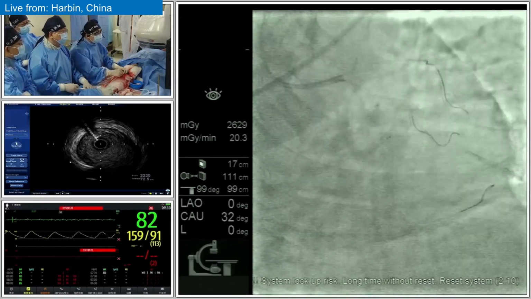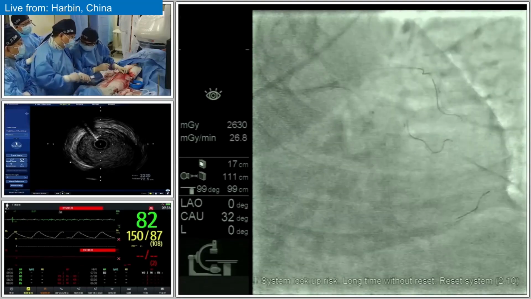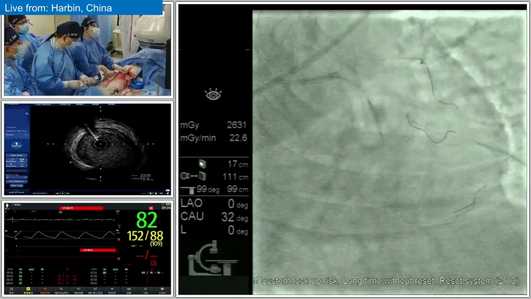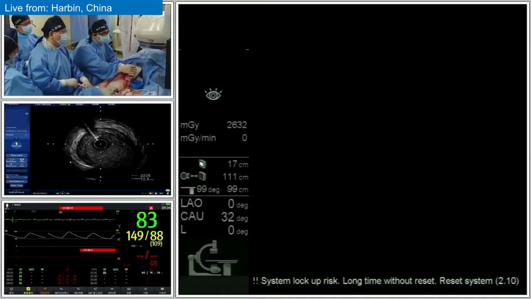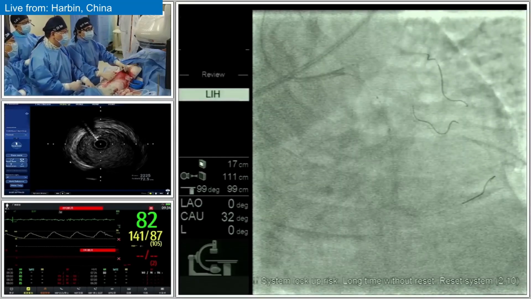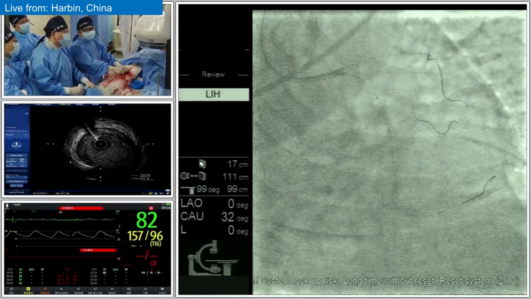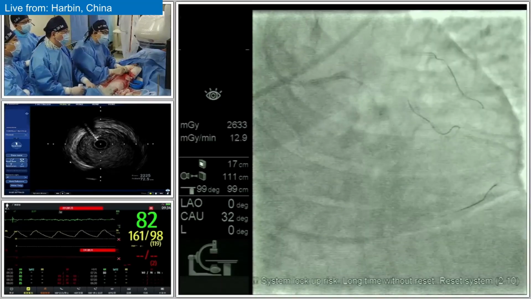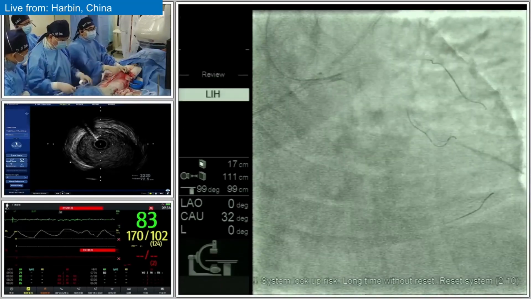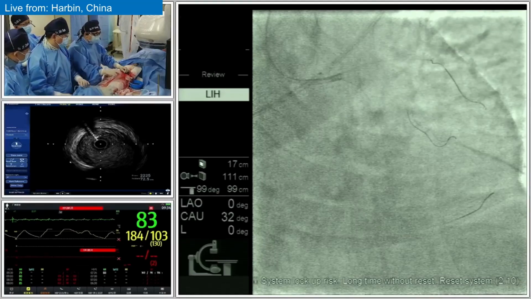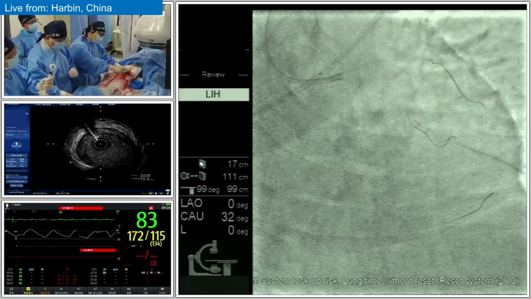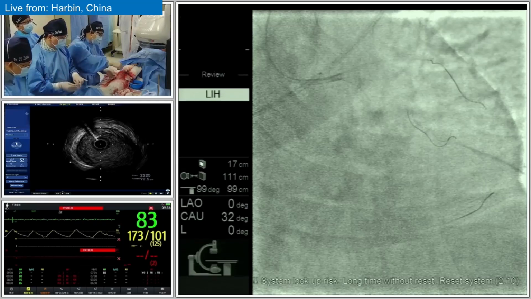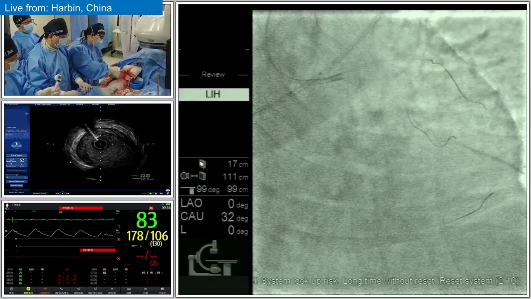Maybe the audience wants to know why you were so lucky to get the wire into the true lumen. Is it because of the lesion, or because you have so much experience? Okay, it's not luck. We based it on careful CTA analysis and angiography analysis.